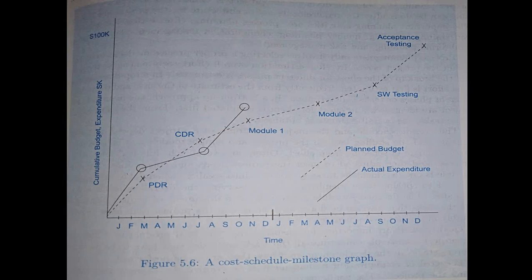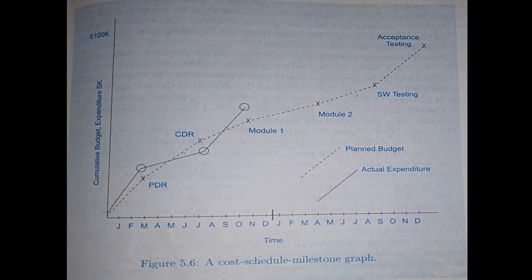The planned budget is represented by the dotted line, and the actual expenditure by the solid line. There are different stages: PDR, CDR, module 1, module 2, software testing, and acceptance test.